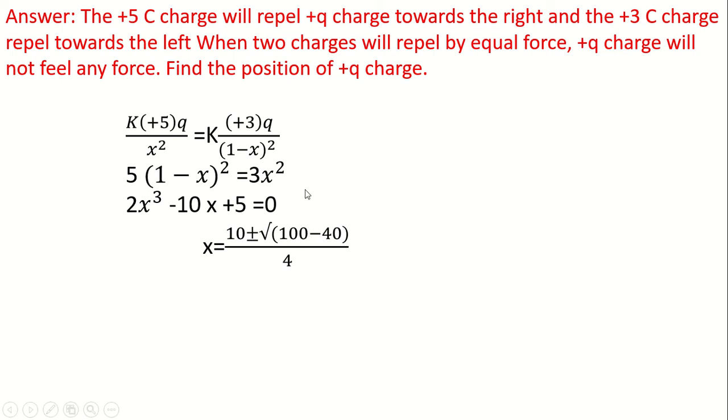I think in your mathematics book you can get this formula. Okay, the formula is x equal to minus b plus minus root over b square minus 4ac divided by twice a.